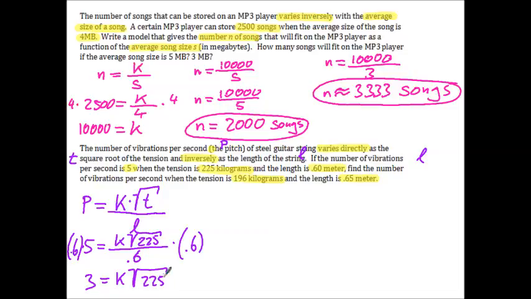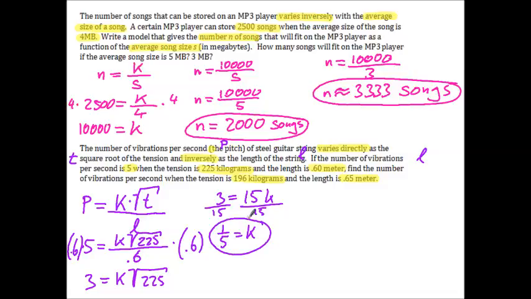Now the square root of 225 is 15, so we're talking about 3 is equal to 15k. Divide both sides by 15, and we now know that k is equal to 1/5.